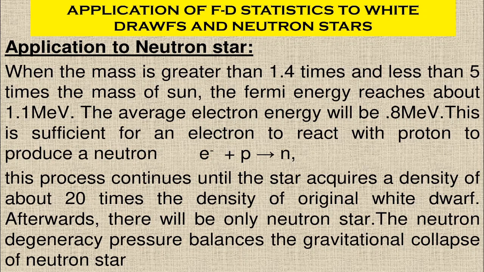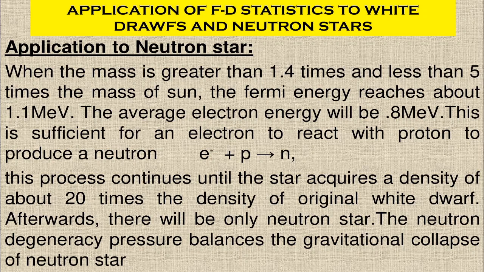Therefore, the electrons cannot cool down to occupy the lowest energy states. As the star shrinks more and more, the density, meaning N/V, becomes very large. As a result, the Fermi energy EF becomes larger and larger.